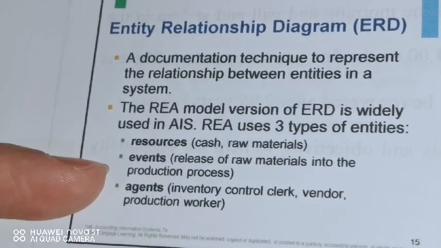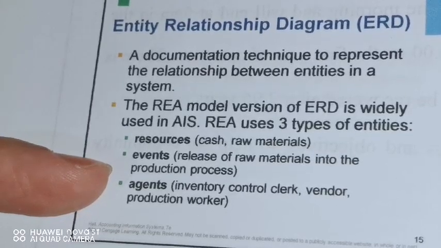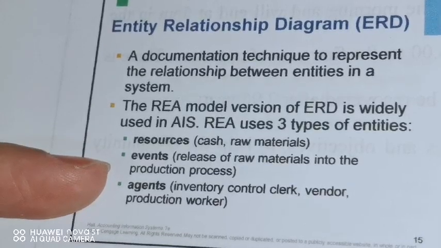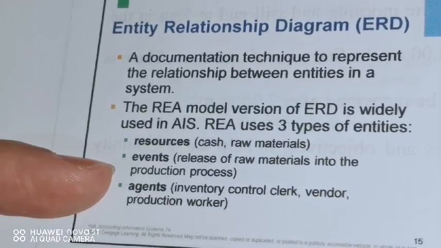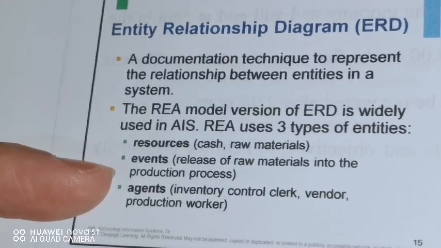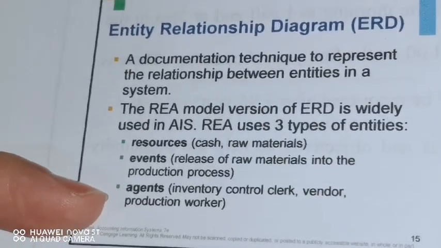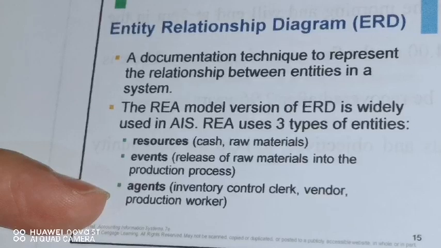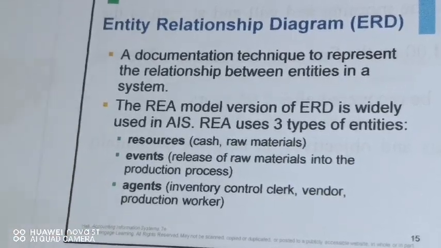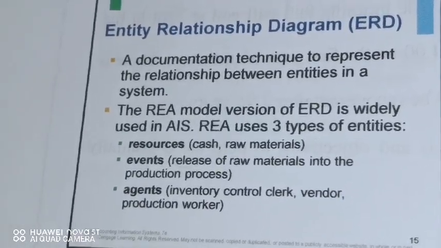So ibig sabihin, ito yung processing, yung conversion of raw materials into finished product, the payment of customer of its outstanding balances, and the payment to supplier. So, these are the events. So, what are the agents naman? The agents naman are the inventory control clerk, the vendor, and the production worker. So, these are the persons that are involved in the processing of information. Okay.